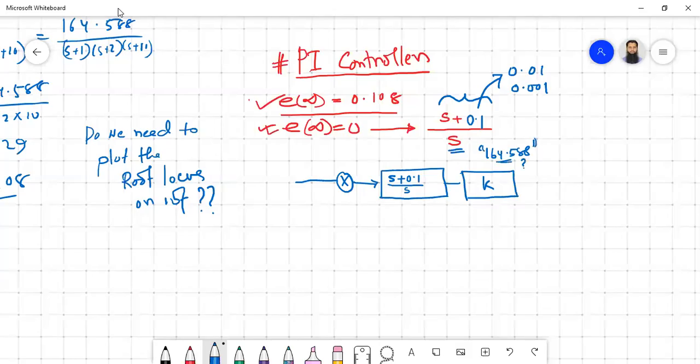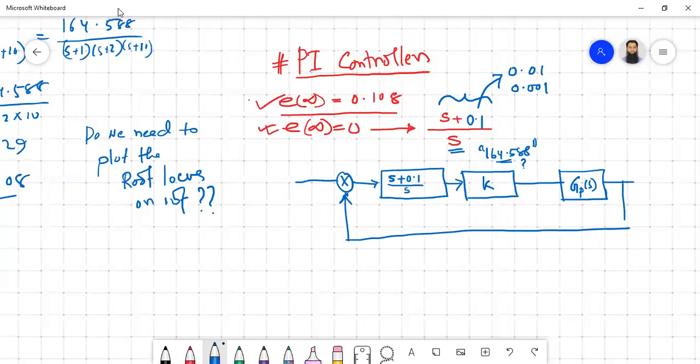This is one of the observations that we have to make. And then don't forget the plant. You have the plant itself, G(s), which is the same one as before. So this is our modified diagram.